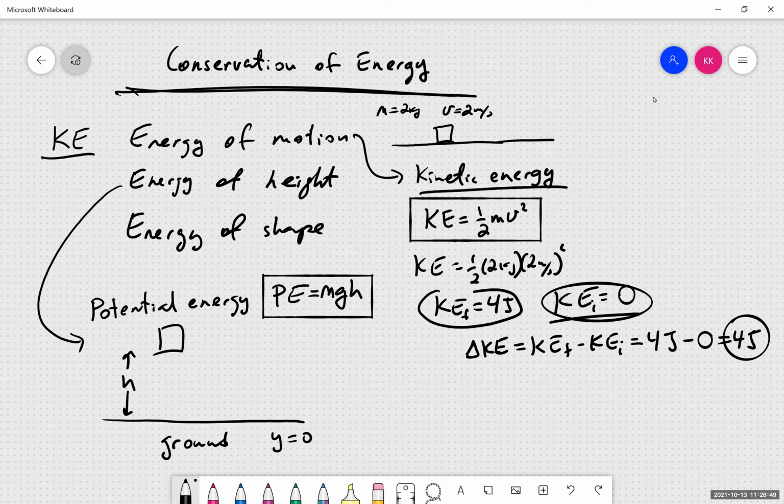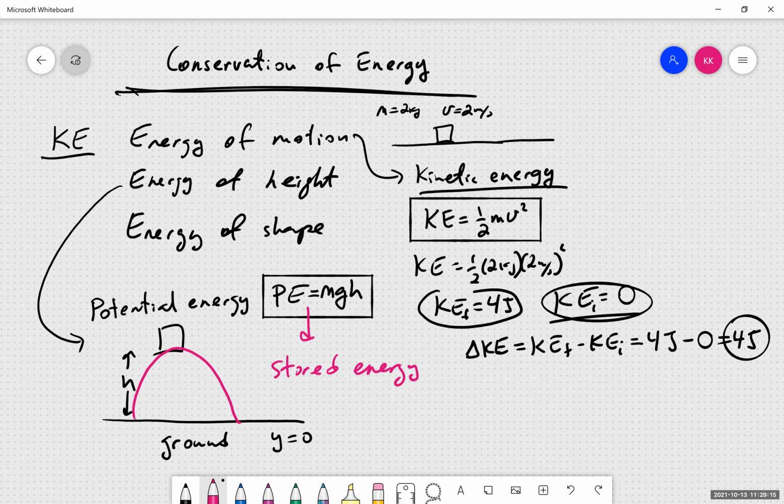It doesn't even matter if the object is just hanging there, or it's on top of an incline like this, or maybe on top of an incline like that, or on something like that. As long as there's a change in height relative to the ground, your object has potential energy. Generally, potential energy, remember, is known as stored energy, meaning that once you have potential energy, you can then convert this energy into different types of energies.